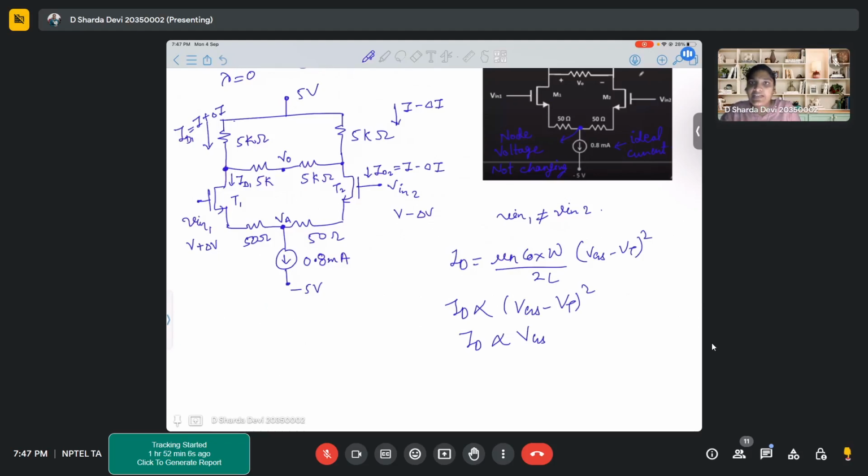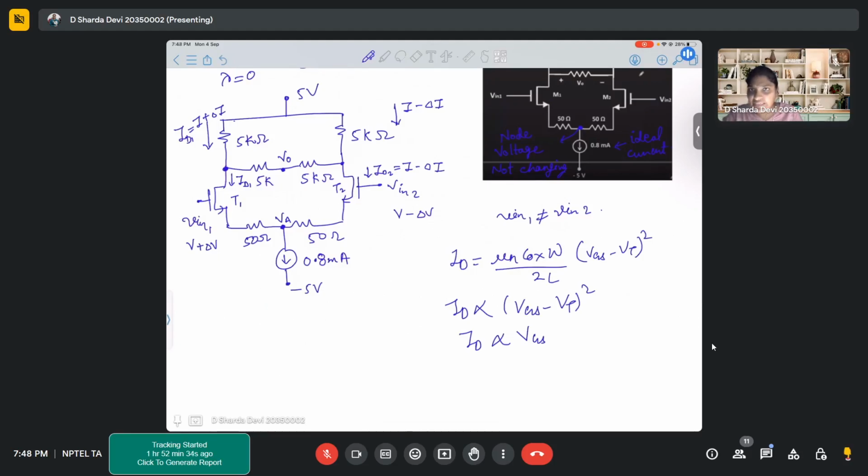So is there a way that with this changing behavior of currents, this can also have the same current flowing through both the resistors of 5 kilo ohm and 5 kilo ohm? We know that these 5 kilo ohm and 5 kilo ohm are in series.